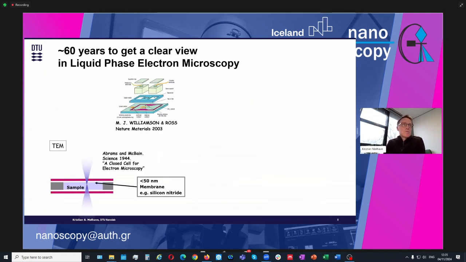But then in 2003, Frances Ross built a chip-based system at IBM with ultra-thin silicon nitride membranes, where she could squeeze a thin liquid layer in between and even have electrodes in there, and then begin to study things with what was then reasonable resolution, better than optical.